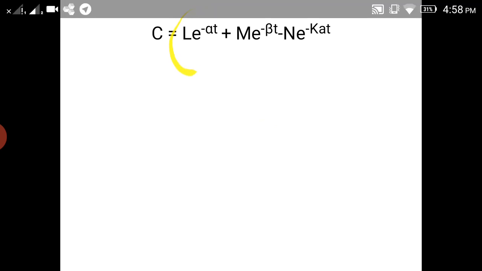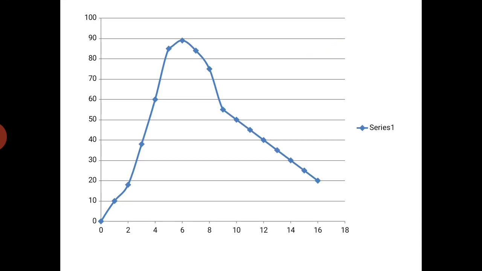So the two terms, that is e raised to minus alpha t representing the distribution and e raised to minus k_a t representing the absorption, become 0. Finally, what is remaining? C is equal to M e raised to minus beta t. This we call the C back extrapolated, equal to M e raised to minus beta t.